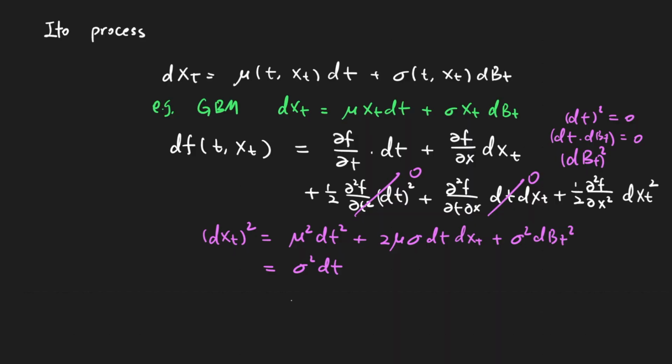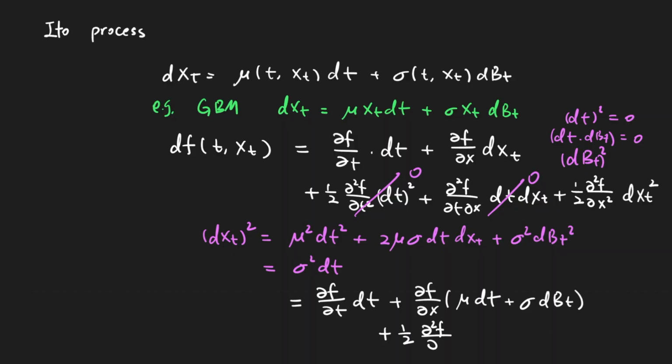Therefore, we can write this out as partial f with respect to partial t dt, plus partial f with respect to partial x times mu times dt plus sigma times dbt, plus a half the second partial derivative times sigma squared dbt squared. And the dbt squared we can replace with dt.